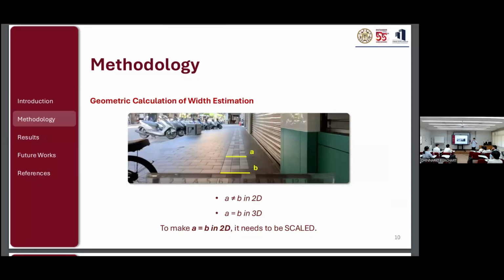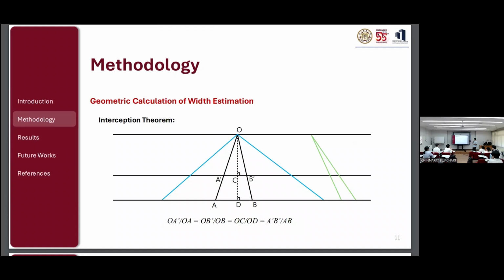So in order to estimate something that has the same width but doesn't look it in the 2D image, we have to make A equal to B in 2D. How do we achieve this, scaling A or B to be the same width? Let's recall some high school math: the intersection theorem.